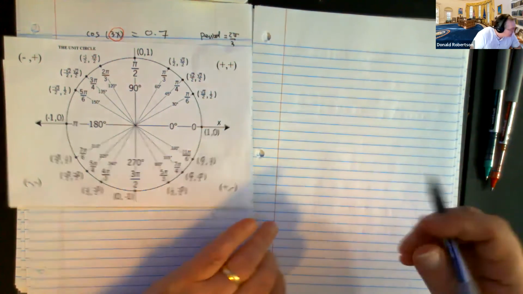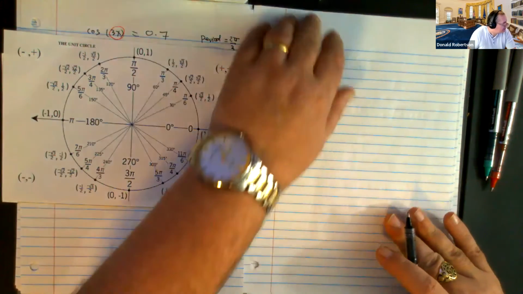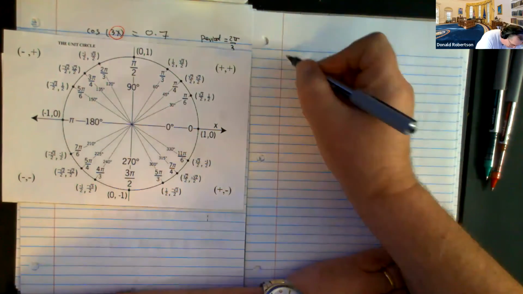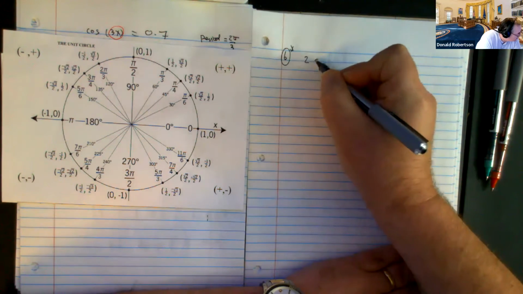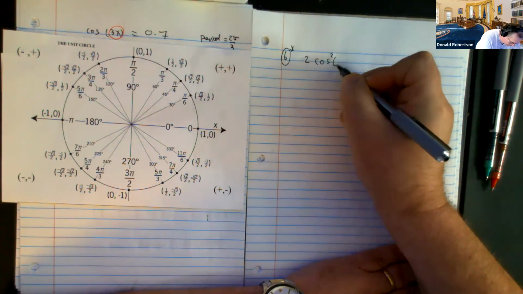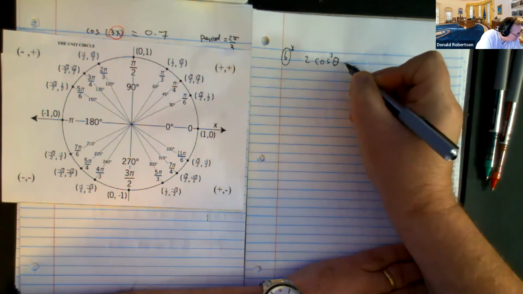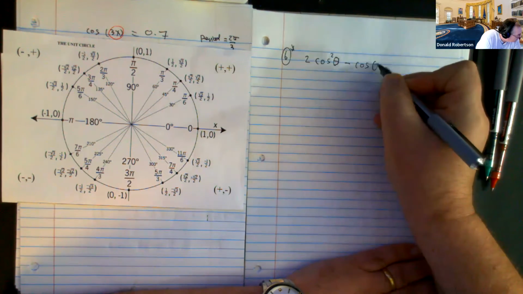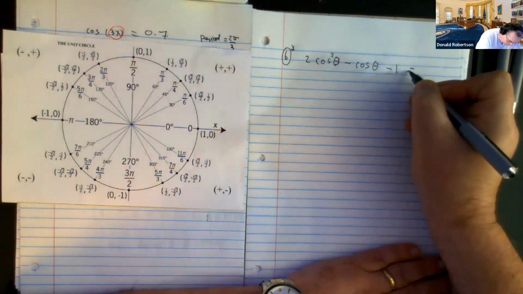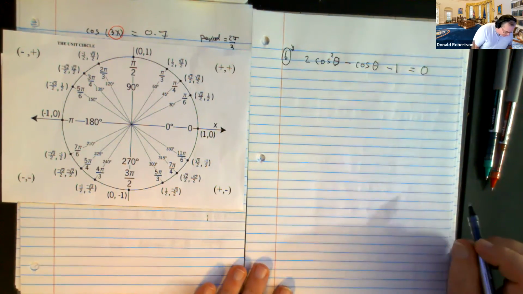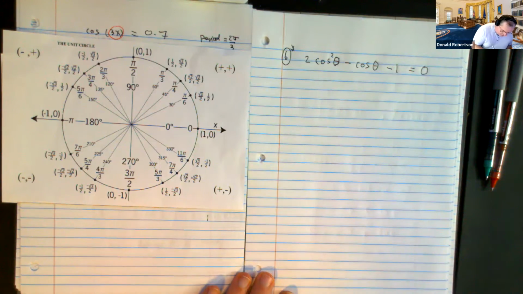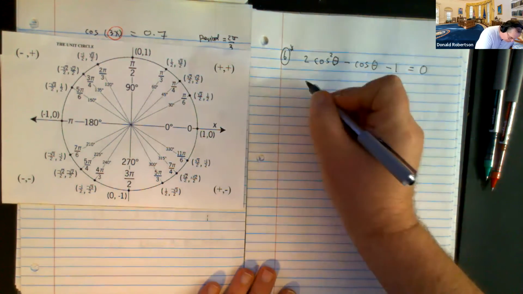Right. The next version is question 6. And it's 2 cos squared theta, take away a cosine theta, take away a 1 equals 0. And I'm getting really strong déjà vus on this one. We either did one exactly like this or at least very similar to this yesterday.